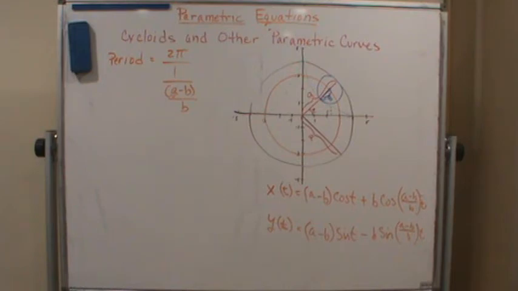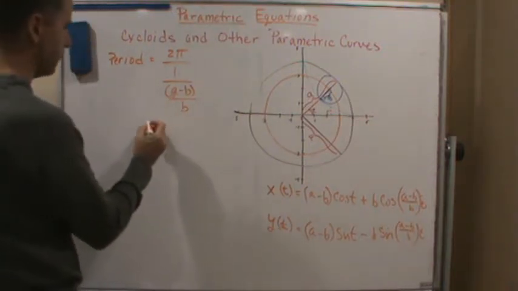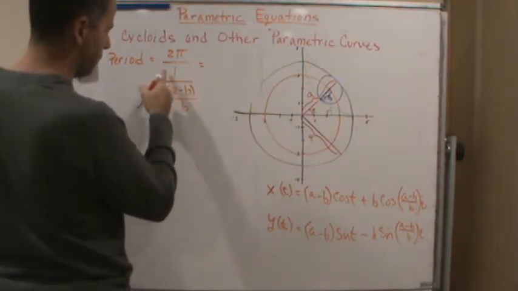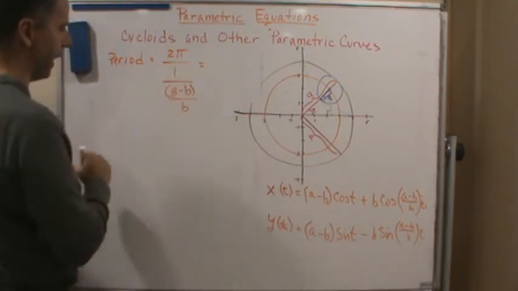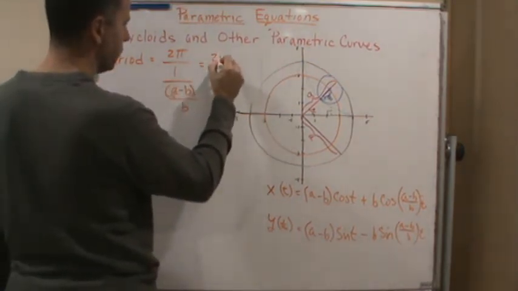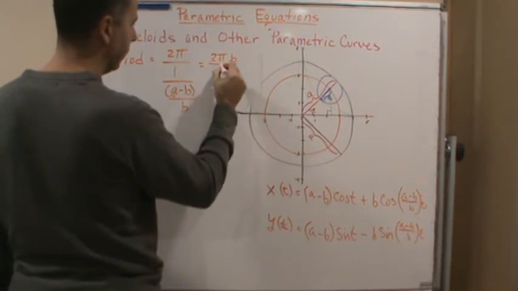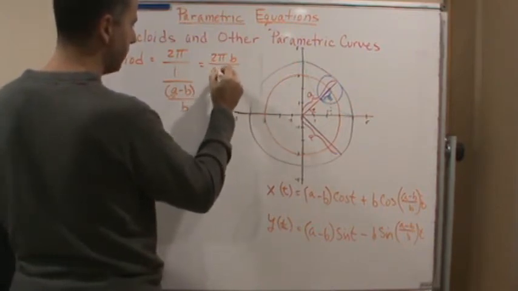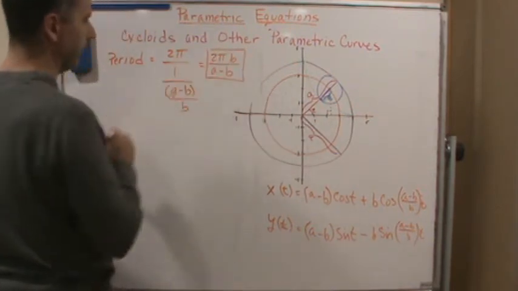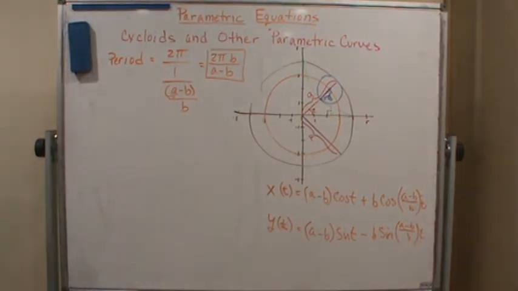And if we simplify this, we just multiply by the reciprocal of the bottom, and so this gives us 2 pi b over a minus b. So this becomes the period of the curve.